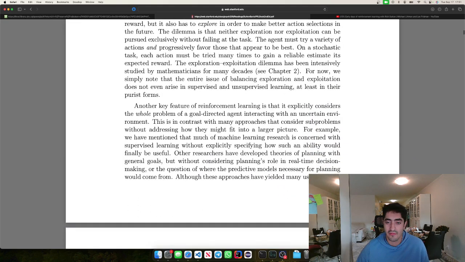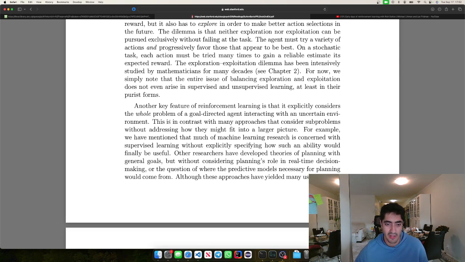Another key feature of reinforcement learning is that it explicitly considers the whole problem of a goal-directed agent interacting with an uncertain environment. This is in contrast with many approaches that consider sub-problems without addressing how they might fit into a larger problem.